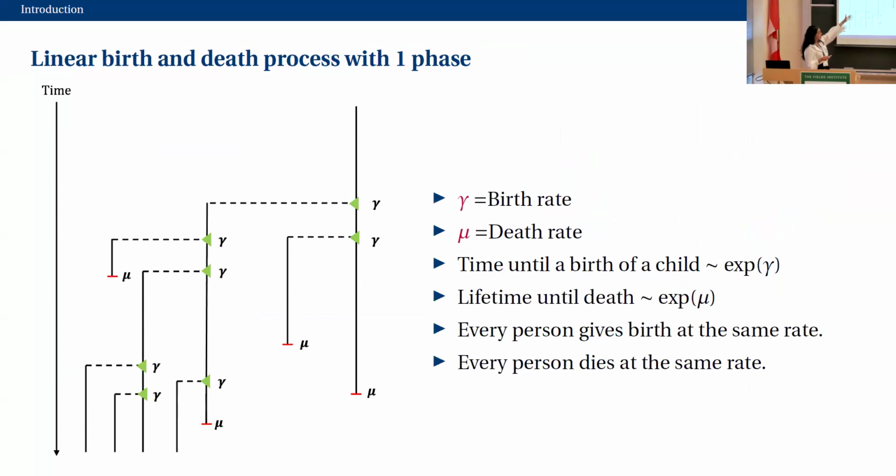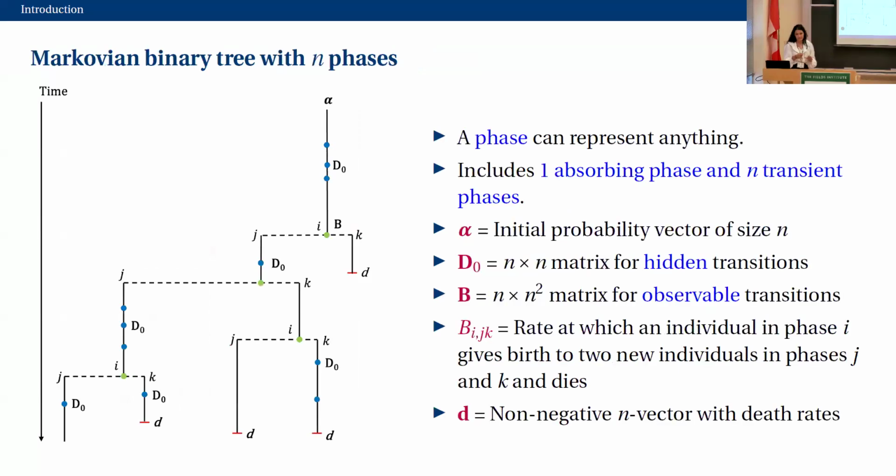There the individual will start their life at time 0, wait an exponentially distributed amount of time, and give birth according to some birth rate gamma, and that's what you see in green. So like this, births keep happening until the individual eventually dies off according to some death rate mu, which you see in red. Now, the thing is, in a linear birth and death process, all individuals have the same birth rate, same death rate.